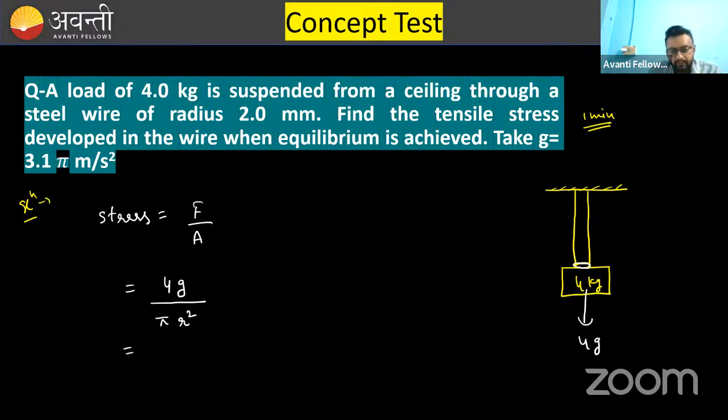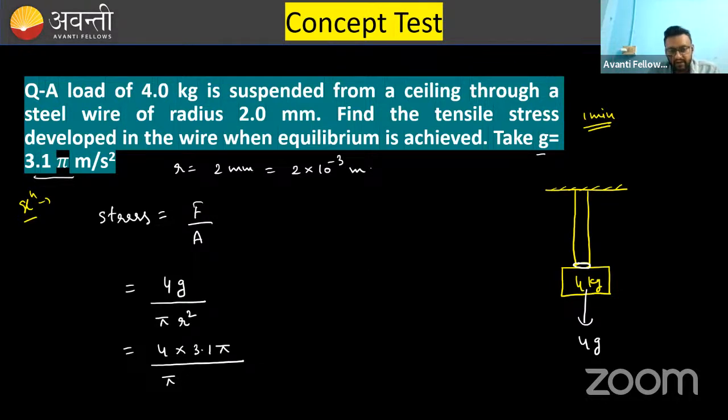Now I will place the value 4, and they are saying take g as 3.15, so I will place 3.15 in place of g, divided by pi r square. R is the radius, 2 mm, which is 2 into 10 raised to the power minus 3 meter. I think it is clear.